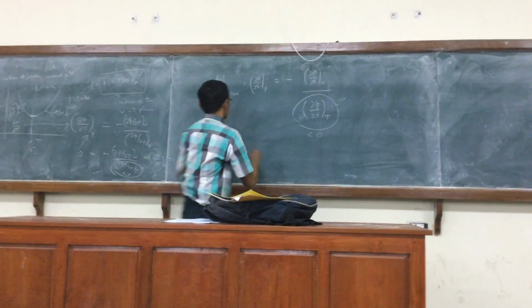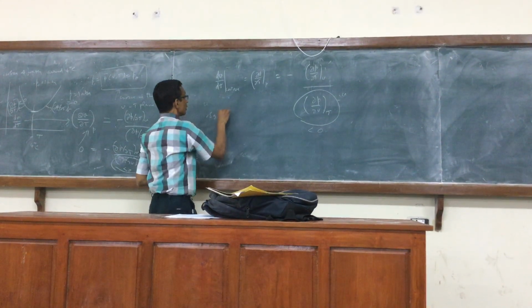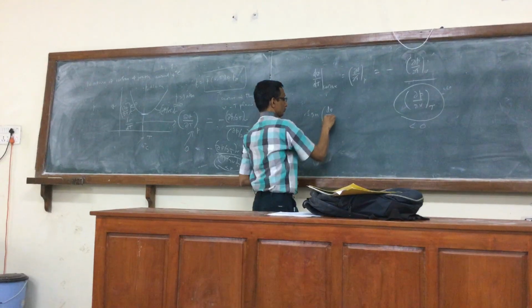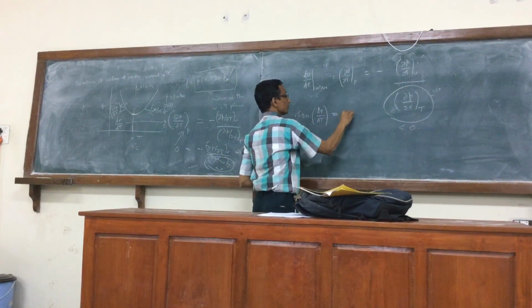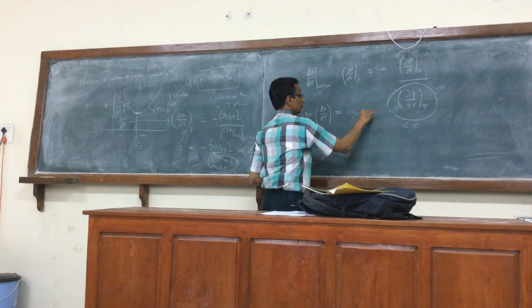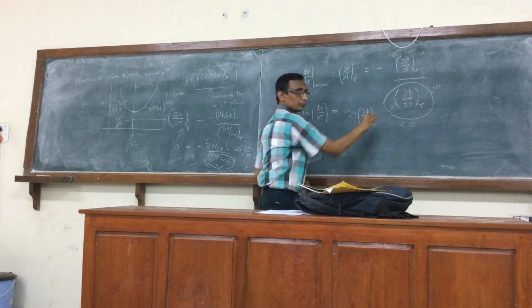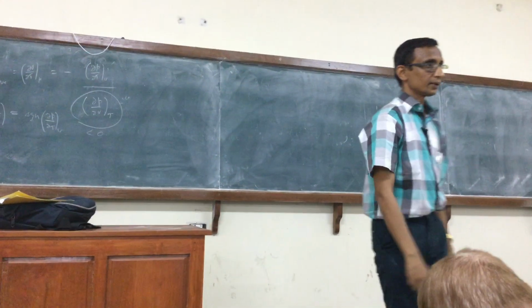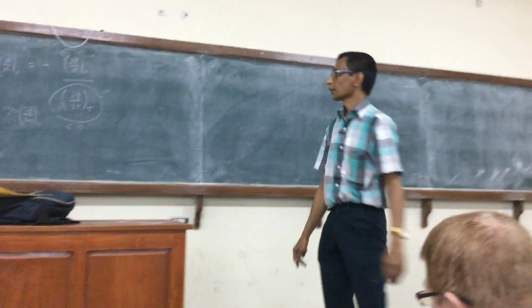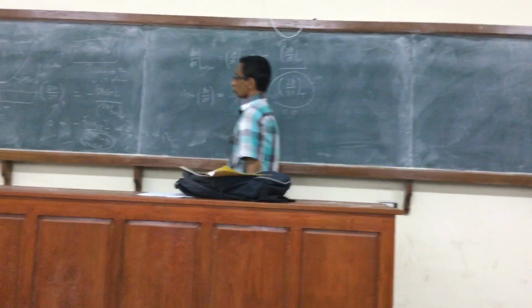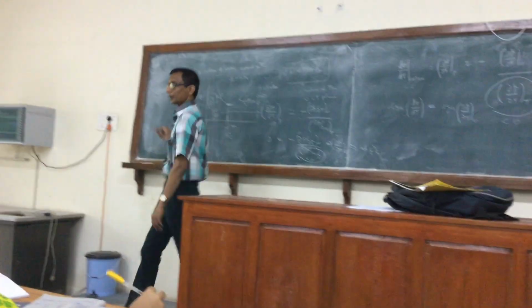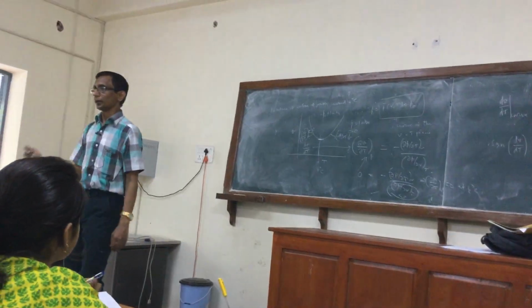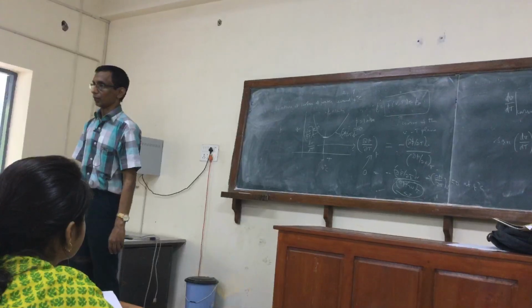It means that the sign of dP by dT is equal to the sign of dV by dT. That is clear. So we get dP by dT greater than 0 to the right of 4 degrees and less than 0 to the left of 4.